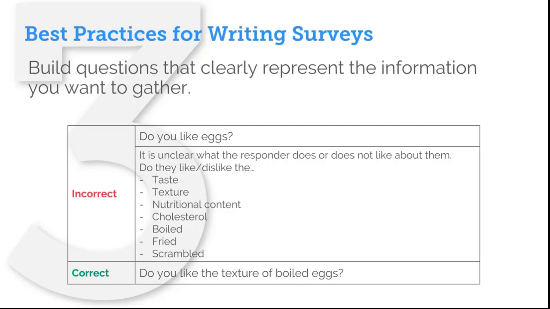Do they like or dislike the taste, the texture, the cholesterol level, or the preparation of them, fried, boiled, scrambled? So if you want to be specific, you might want to ask a question like, do you like the texture of boiled eggs, to really get an answer for what you are specifically looking for.